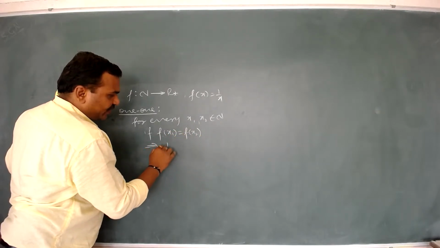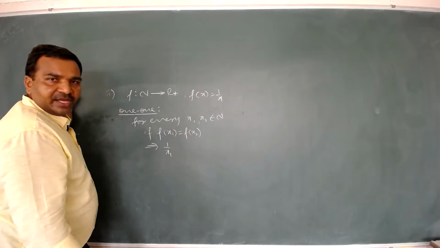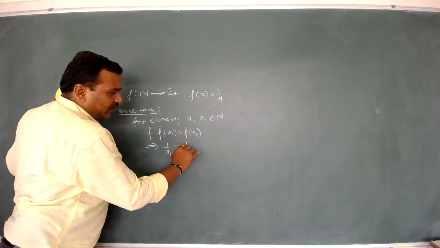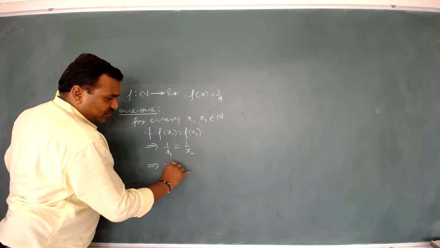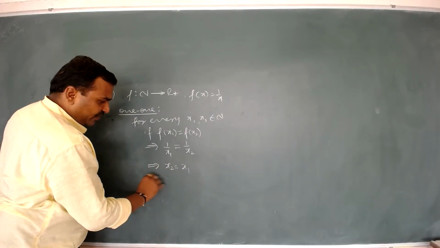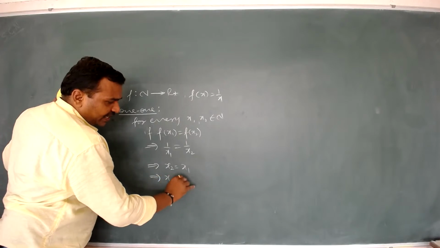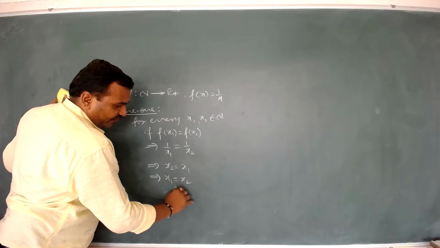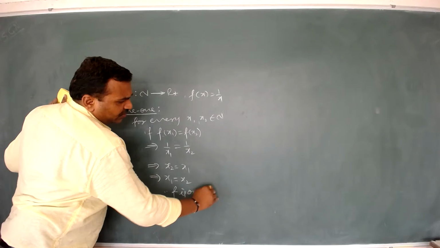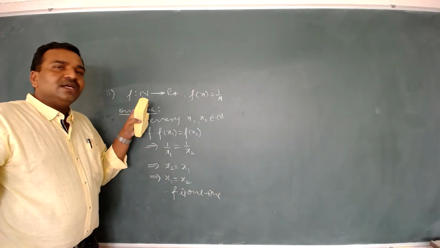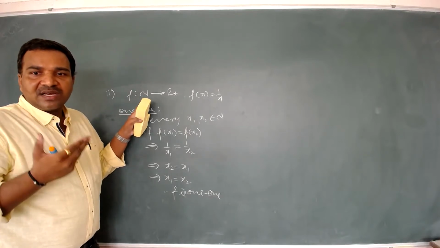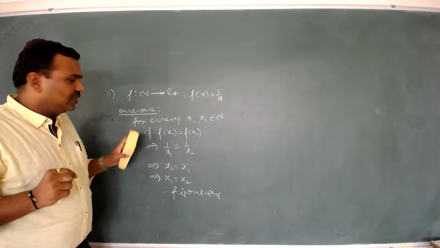What is f of x1 from definition? 1 by x1. So f of x2 value is 1 by x2. After simplification, cross multiplication, x2 equal to x1, or we can write x1 equal to x2. Therefore, f is 1-1. So before problem only 1-1, this problem is also 1-1. By replacing domain R star with N, there is no change in 1-1.